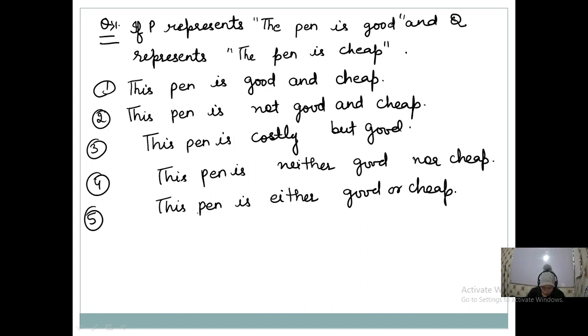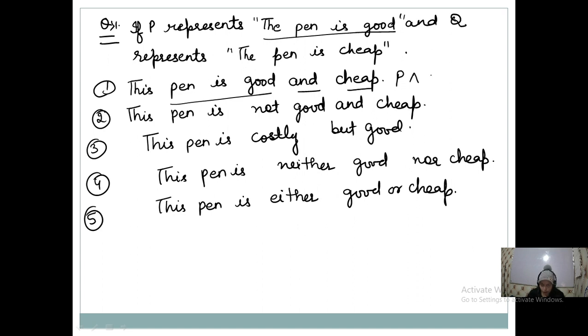Now you have to convert these statements into symbolic form. The pen is good is represented by P. So we will write here P, and for "and" we use this symbol, conjunction.